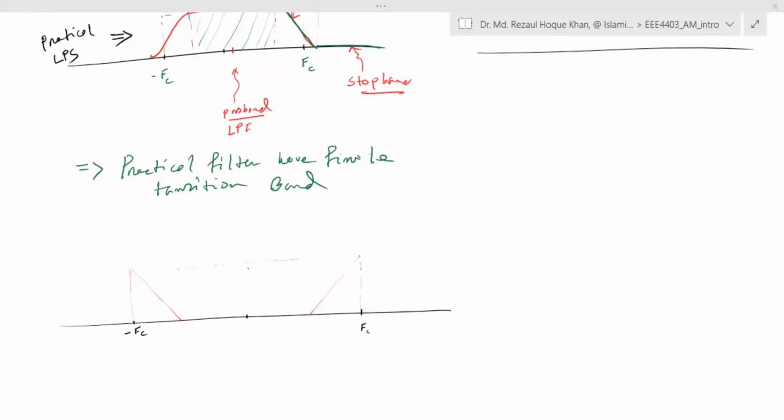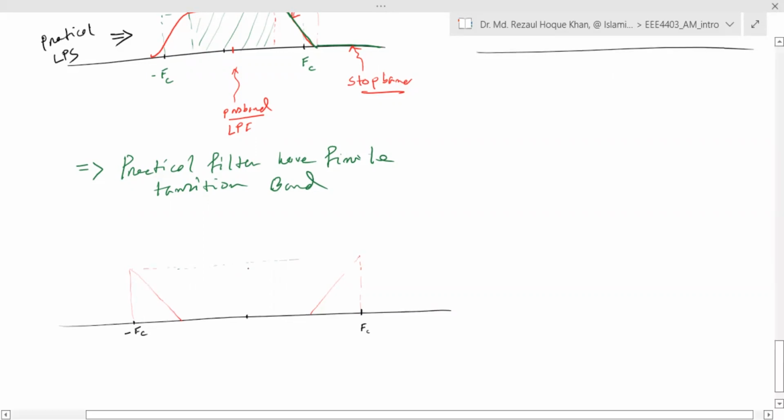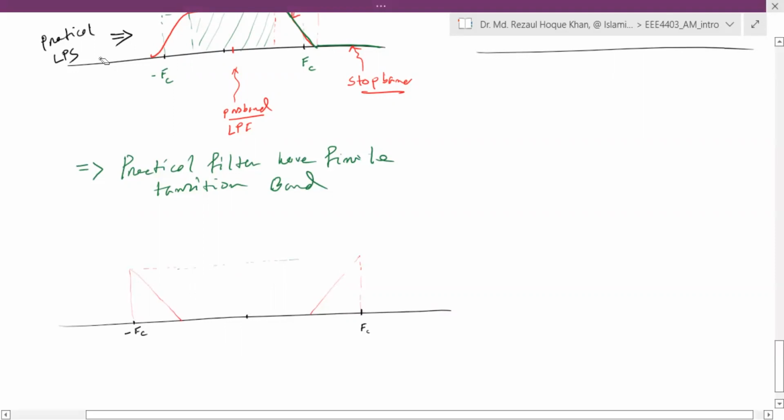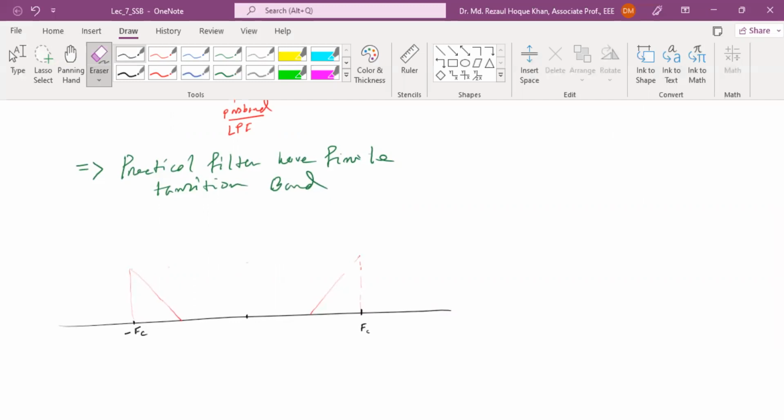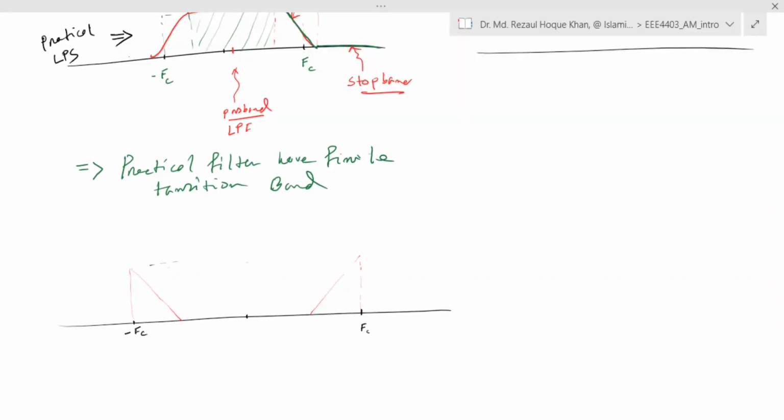So our ideal low pass filter will look like this. Now, instead of FC, this is actually our DSB, double sideband.